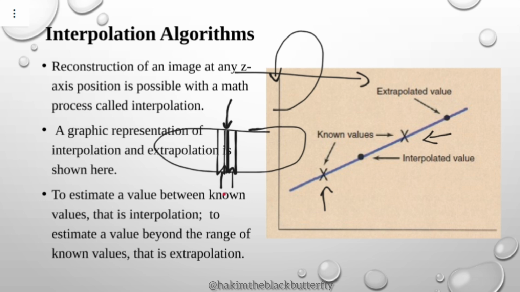It only acquires data in axial planes. After acquiring that data, the software of the CT can use it to reconstruct images in other planes. If interpolation is not done well by this software, the images, especially in the sagittal and the coronal, will be of poor quality.